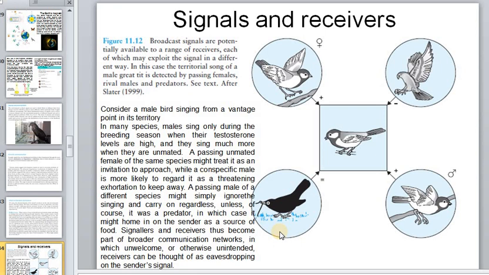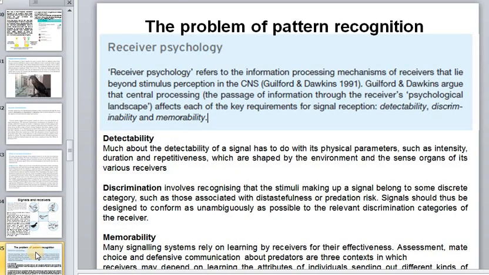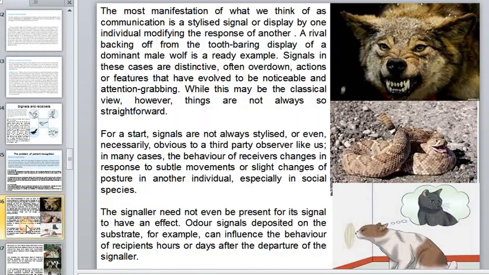eavesdroppers are unwelcome or otherwise. So it is a very big problem to be in time, in this special place, in this special time. So the problem of pattern recognition is always with this; it can be discrimination and memorability of signals, and detectability in this way.